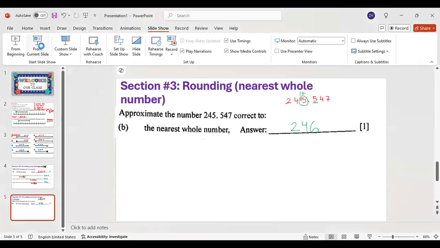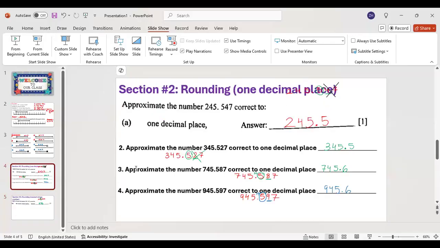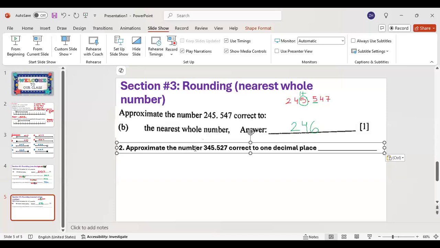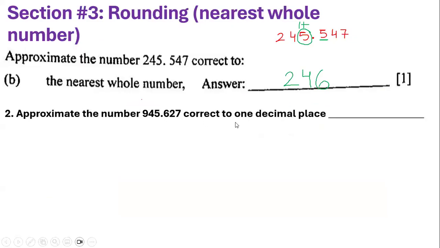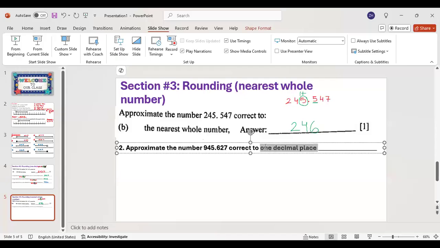Let's do another one. Approximate the number 945.627.